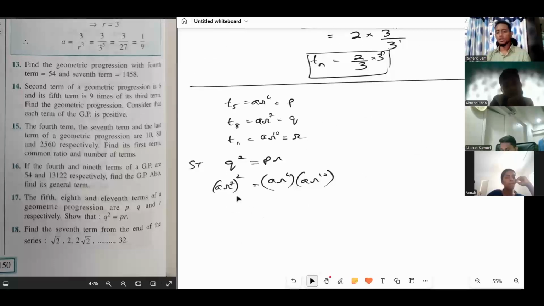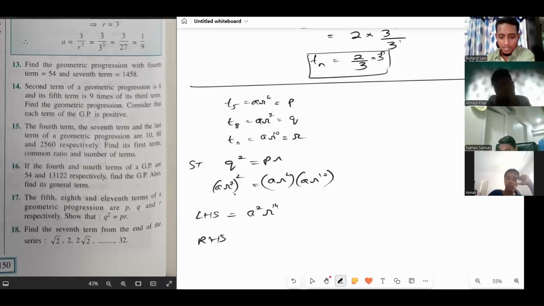So solve LHS, solve RHS separately, and see if we're getting the same value on both sides. LHS is A squared R raised to 14. And RHS is A into A, which is A squared, and R raised to 4 into R raised to 10 is R raised to 14.